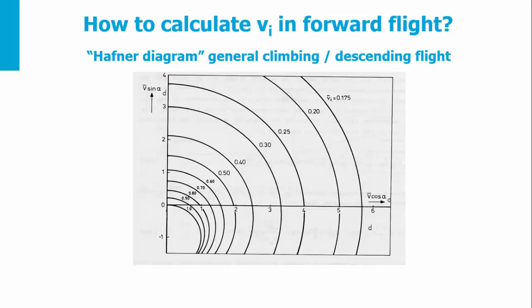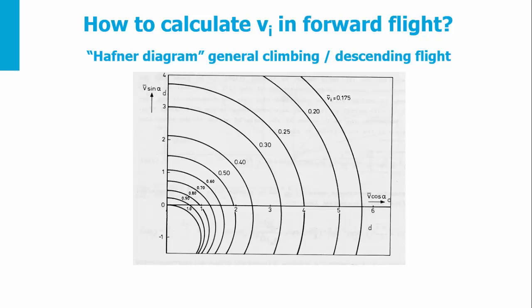Generally, for induced velocity in a climbing or descending flight, Hafner represented in a Hafner diagram the V cosine alpha disk and V sine alpha disk. You see here lines of constant Vi bar.